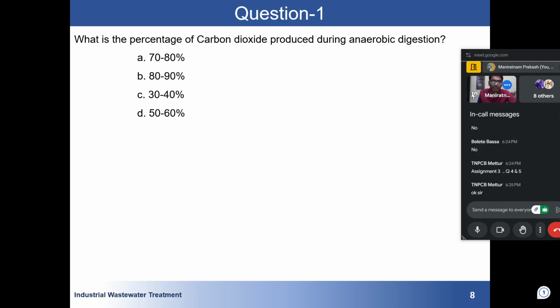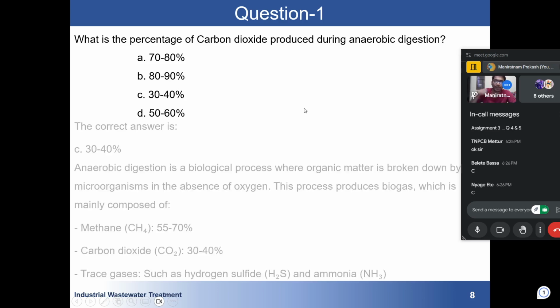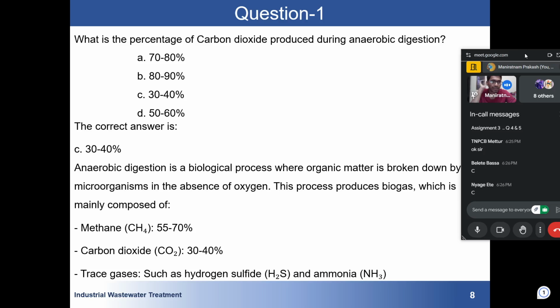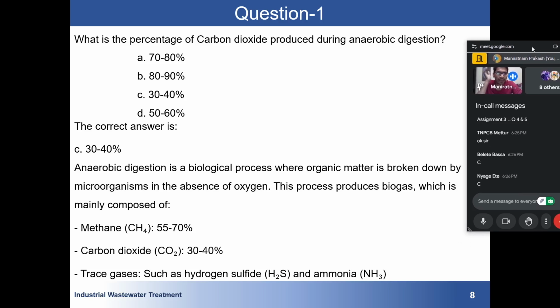In the chat box, you can write down the answers. This is the first question. What is the percentage of carbon dioxide produced during anaerobic digestion? C. Yeah, this is the correct answer. These are very simple questions.